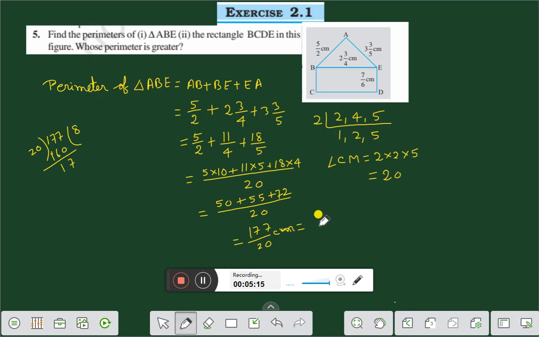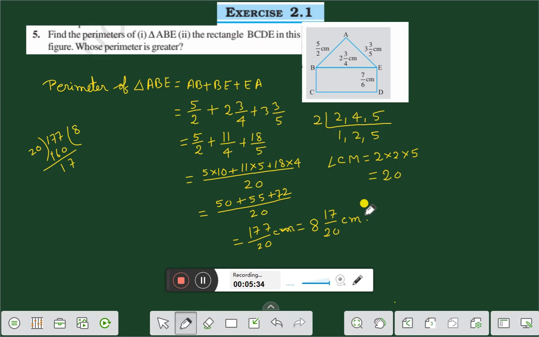That means we are getting 8 whole 17 by 20 centimeter. This is the perimeter of the triangle ABE.